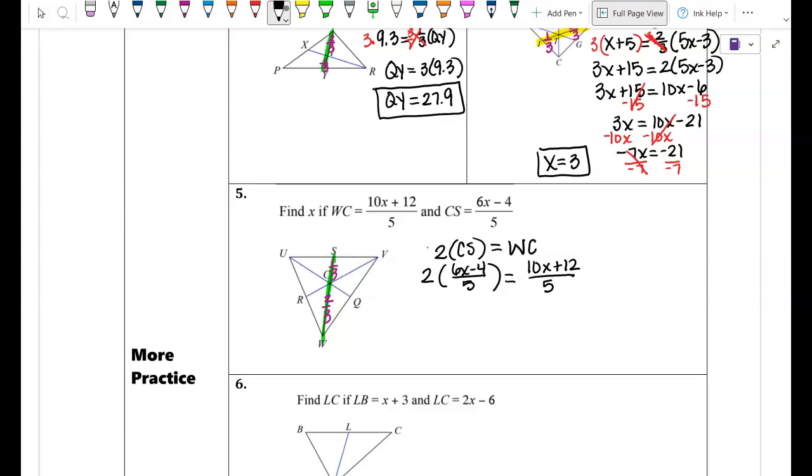So if I distribute that 2 there, that ends up giving me 12x minus 8 over 5 equals 10x plus 12 over 5.